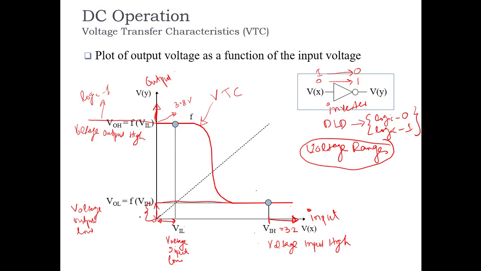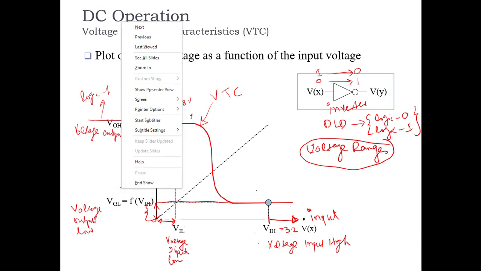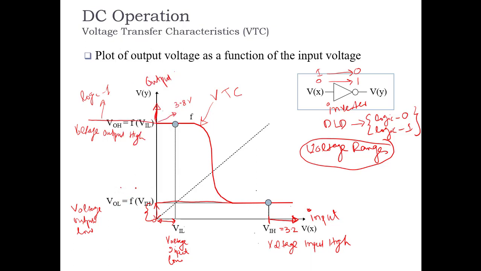And if this VIL was 1.8 volts, this may be, for example, 1.6 volts or something.